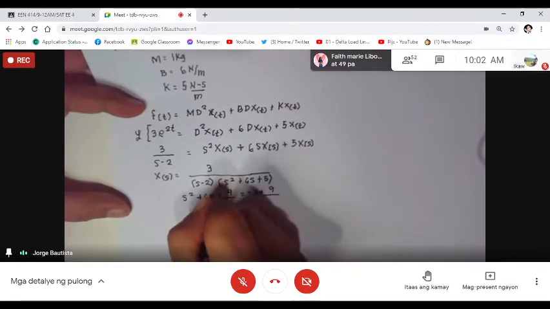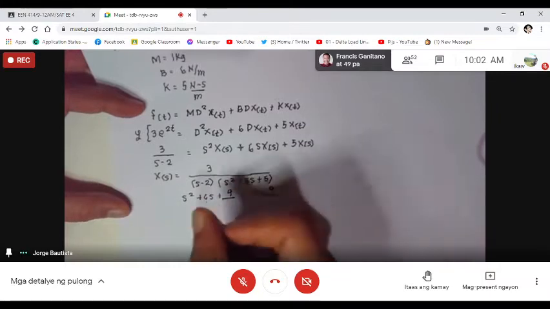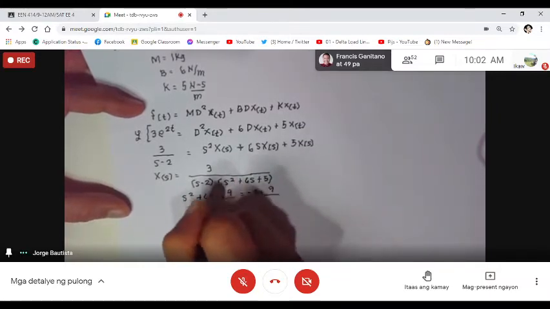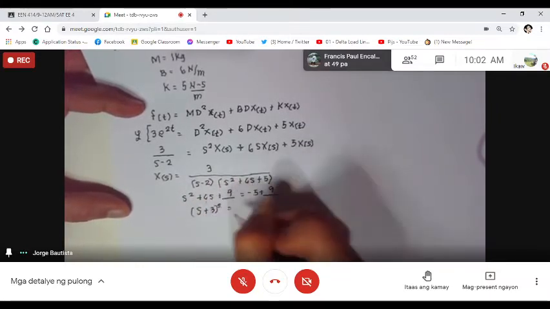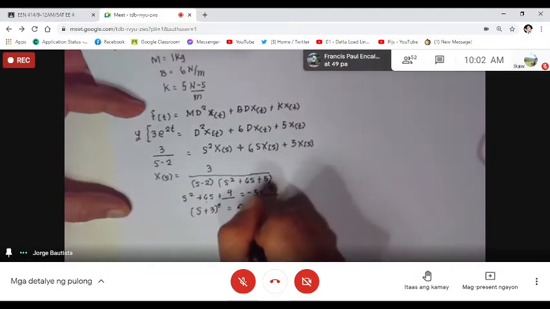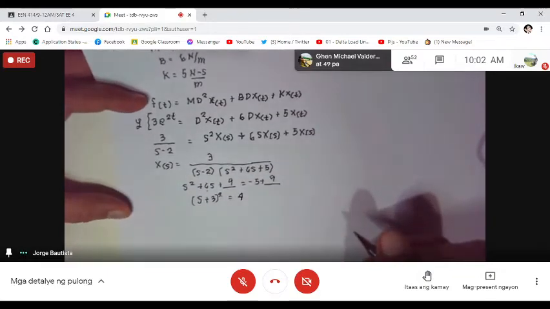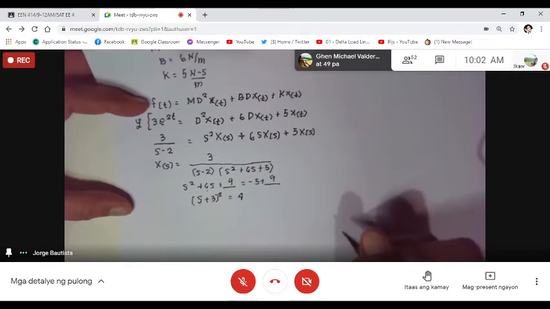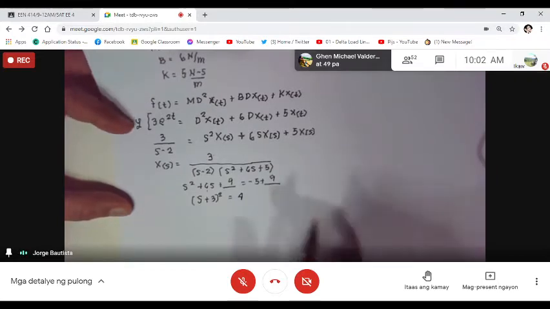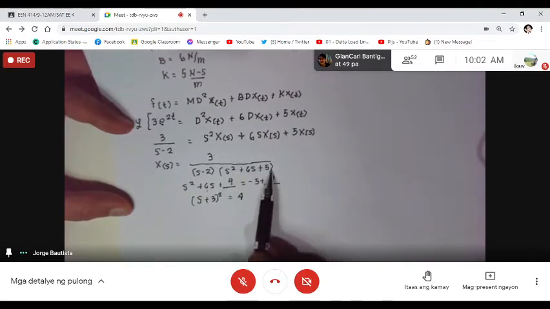So we have s plus 3 squared is equal to 4. Okay? Ayan. Hindi siya complex. So, kung hindi siya complex, merong real roots. So, ano bang real roots niyan?